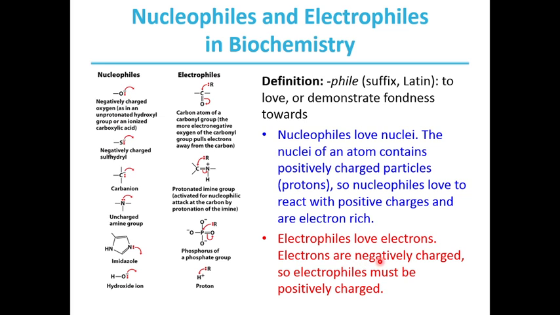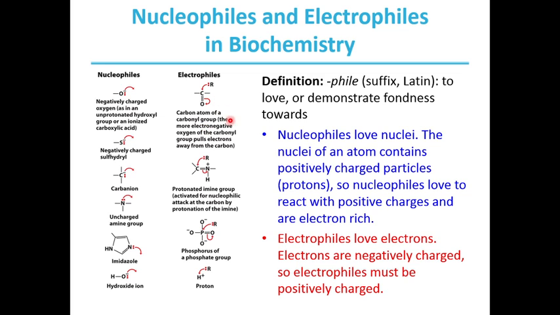Electrophiles, on the other hand, love electrons. Electrons are negatively charged, as you know. So electrophiles must be positively charged because they love electrons and are attracted towards electrons. Common examples of electrophiles present in biochemical reactions are the carbonyl group.